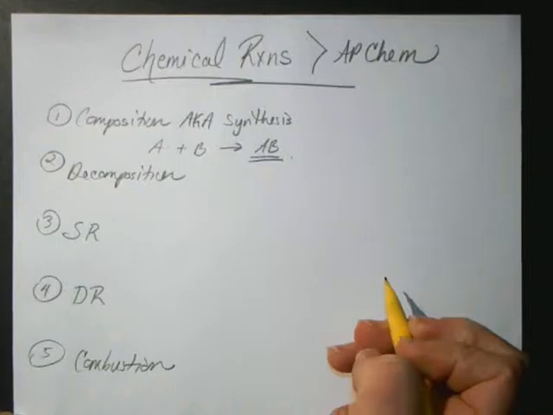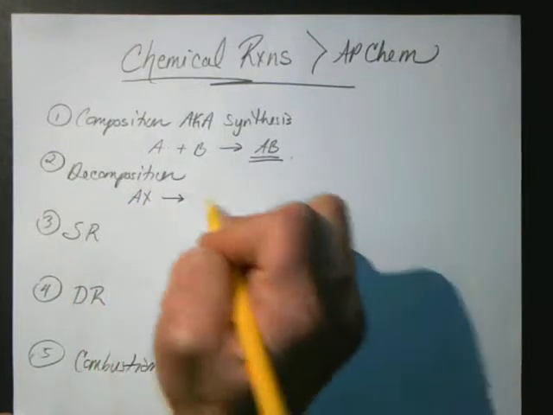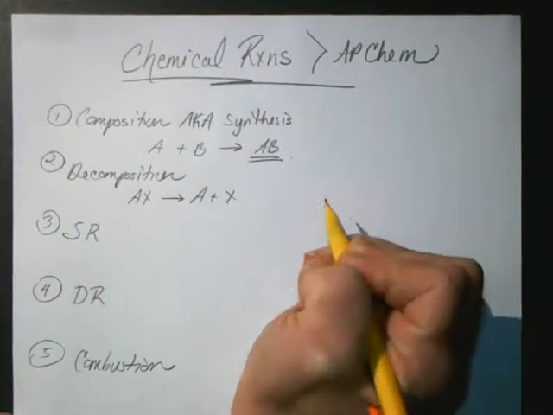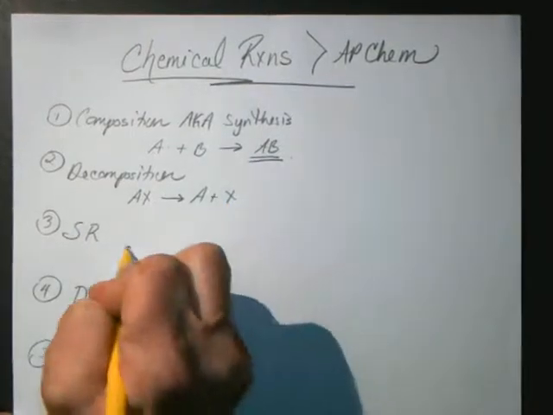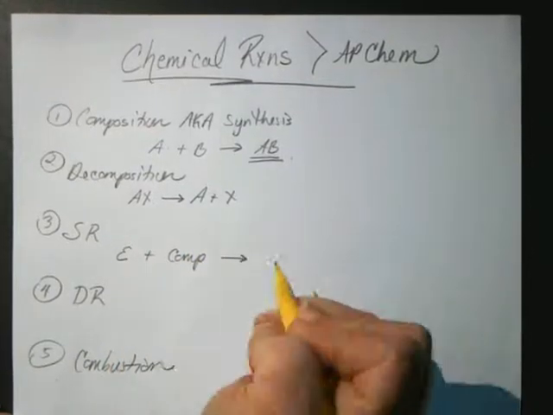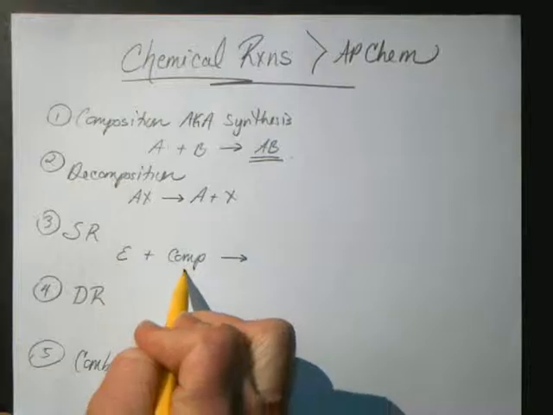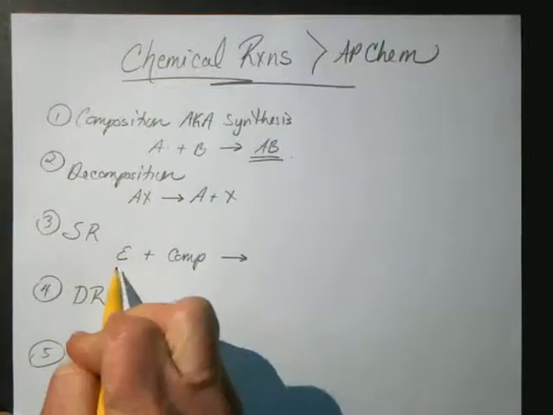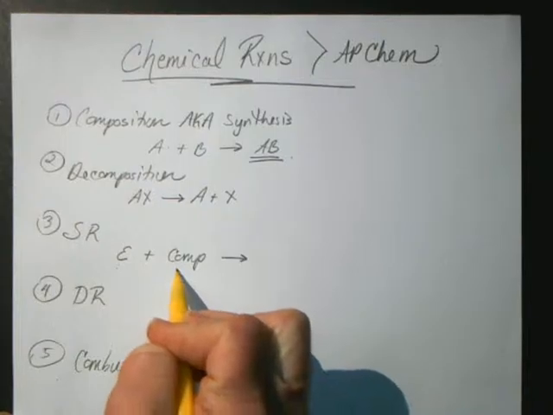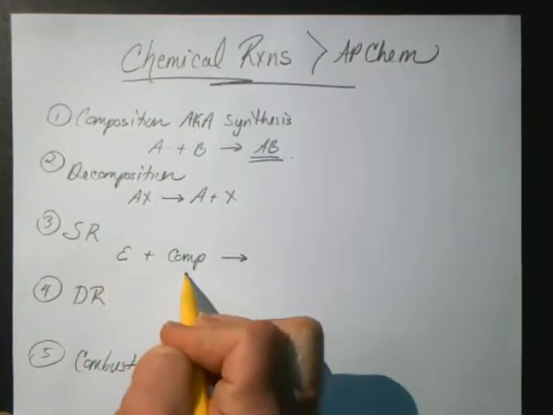In a decomposition, one reactant is creating 2 or more products. In a single replacement reaction, an element is being added to a compound, and if the element that is trying to replace a similar element, meaning if this element has the potential to become a cation, it will replace the cation in the compound. If it has potential to be an anion, it will replace the anion in the compound.